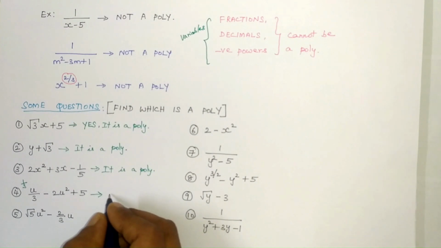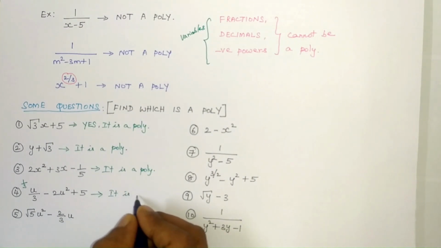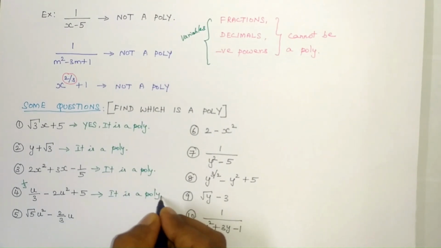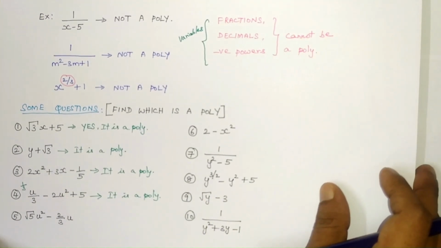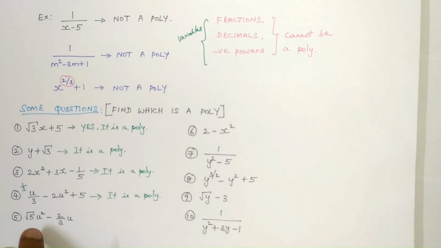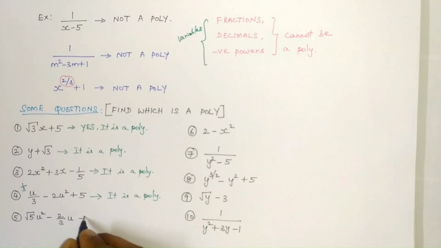So this is also a polynomial. Then here, the square root of 5, the square root is only for 5, it is not for the variable. So this is also a polynomial only.